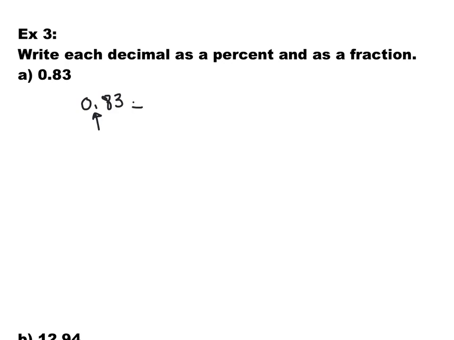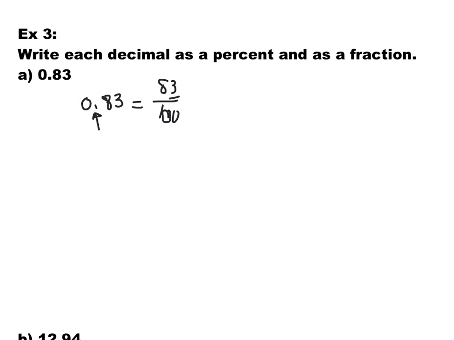So this means that this is the same as 83 over 100. Or another way to put this is that 0.83 times 100 is 83, and then you put 100 in the denominator.